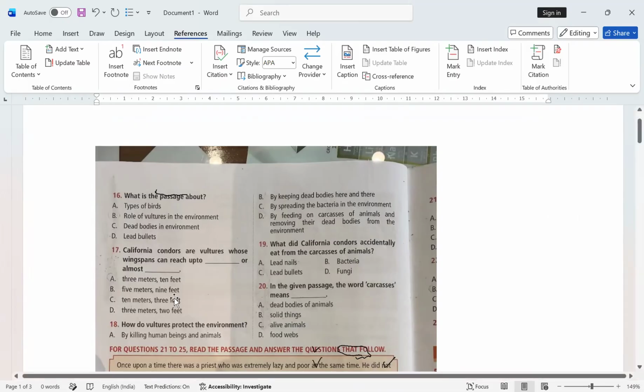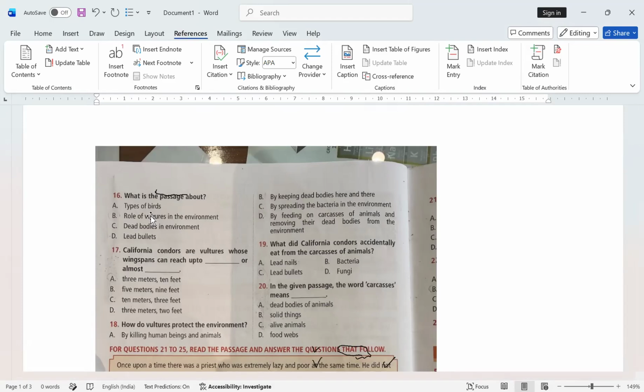Now start reading the question. This time I want Mirka to read the question and Tanishq to read the passage. Start. Question 16. What is the passage about? A. Types of birds. B. Role of vultures in the environment. C. Dead bodies in environment. D. Lead bullets. Question 17.